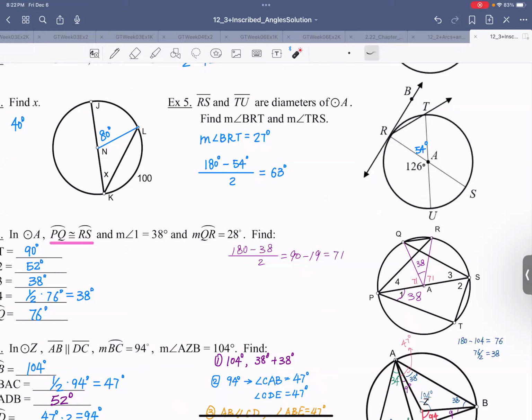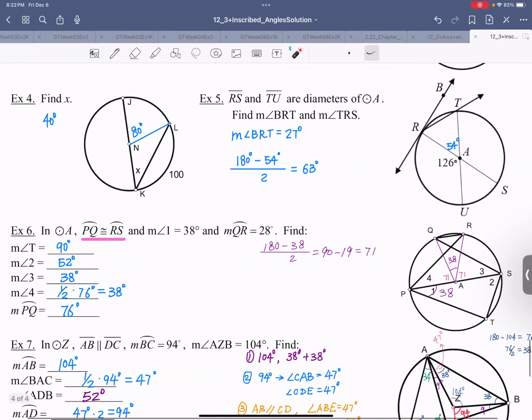Now we are looking for the measure of angle T. That's a diameter. So angle T will be, diameter corresponding to this angle to be what? 90. Yes, very good. So this is 90 degrees, so you will draw this perpendicular symbol.